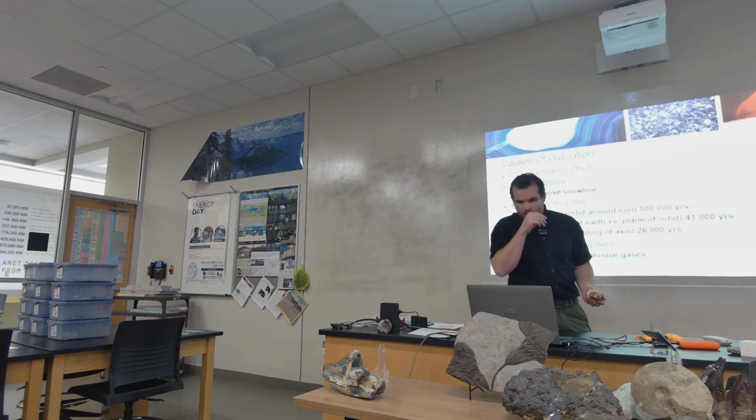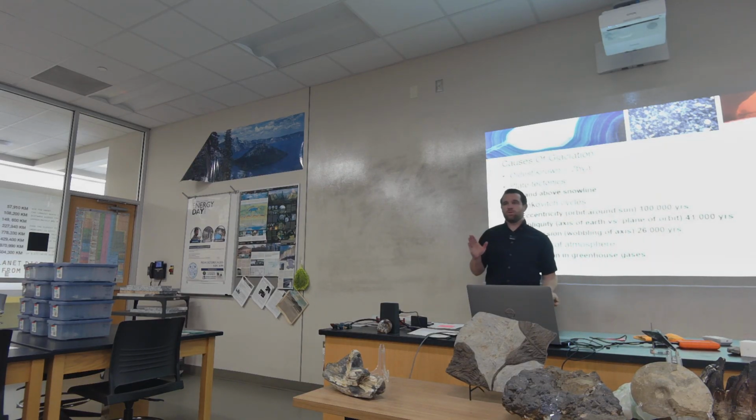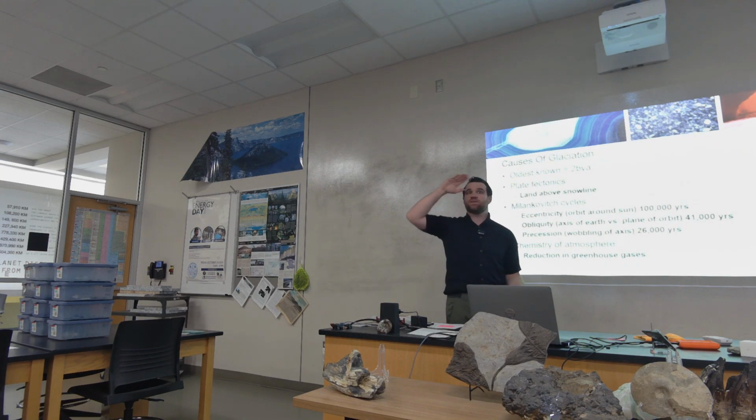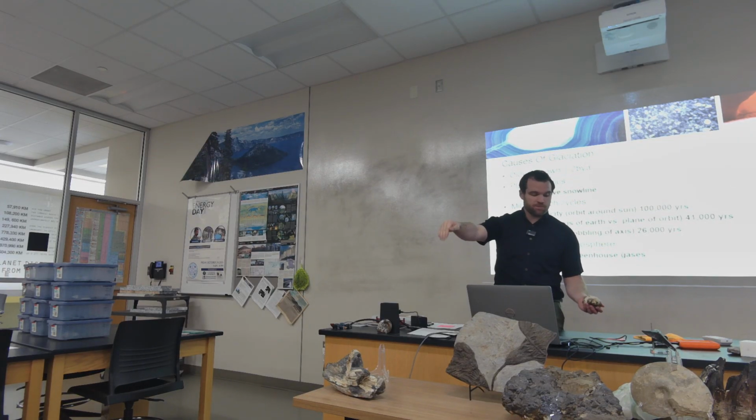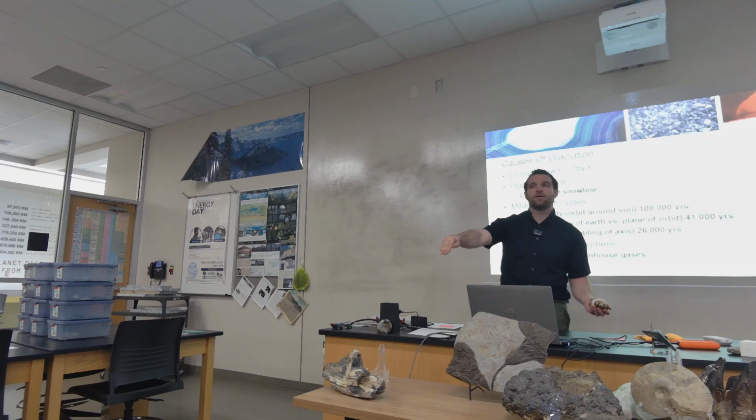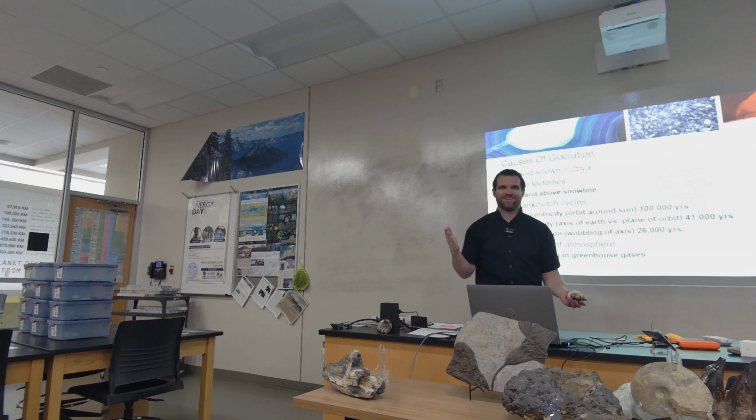All of these things add up so that at various points in time, Earth is going to be simultaneously far away from the sun and have certain parts of our planet that are not good at absorbing energy quickly pointed at the sun, like the Pacific Ocean or Antarctica or both.